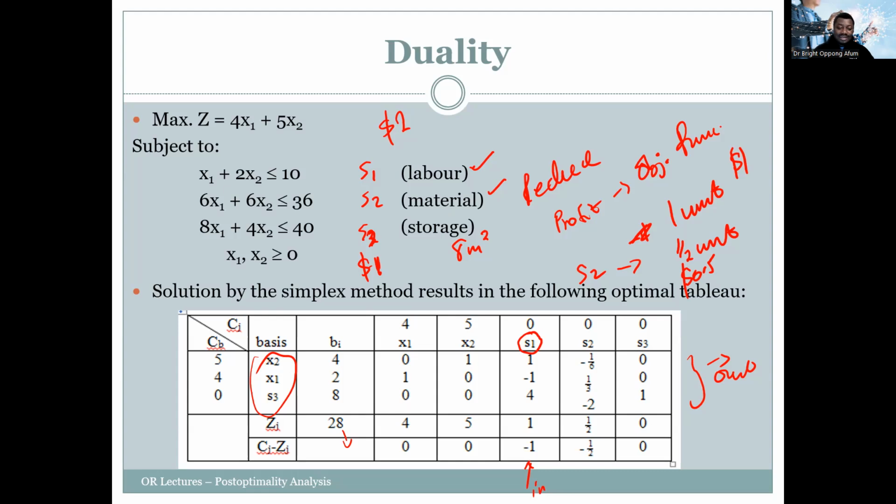So if the entry of 1 unit of the slack variable S1 will reduce the profit by $1, then it means that if we want to consciously increase the labor by 1 unit, we may be increasing the profit by $1, right?